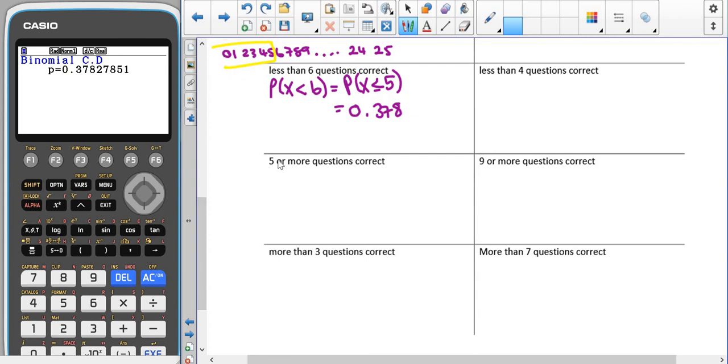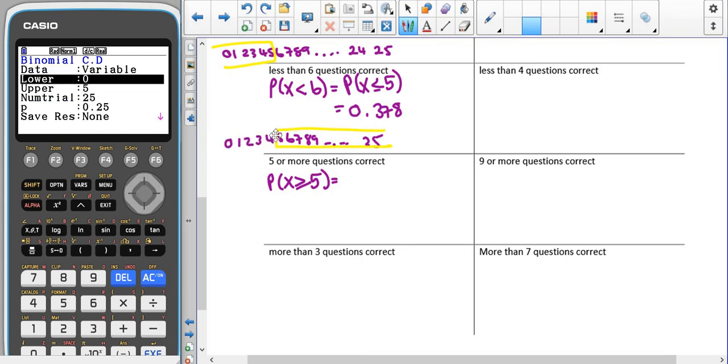For the next one, we've got 5 or more questions correct. So this time we're wanting more and we're wanting to include 5 as well. And again, if you think about your number line, 0, 1, 2, 3, 4, 5, 6, 7, 8, 9, all the way up to 25. This time, we're looking at greater than or equal to 5. So we're wanting this bit here. In your newer calculator, you don't have to worry about this. We can just put this straight in. If you've got the older calculator, remember you're going to have to do 1 minus the bit that you don't want, which is going to be less than or equal to 4.